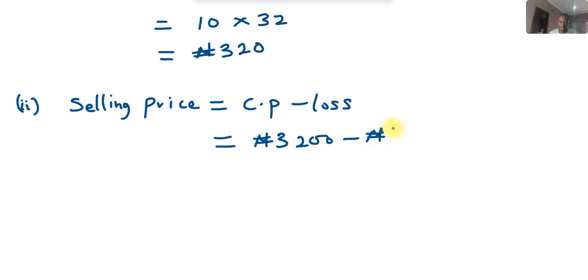Our loss is 320 naira. So if you remove that from 3,200, you will obtain 2,880 naira. So this is the answer for the selling price. So we are done with the first example, right?